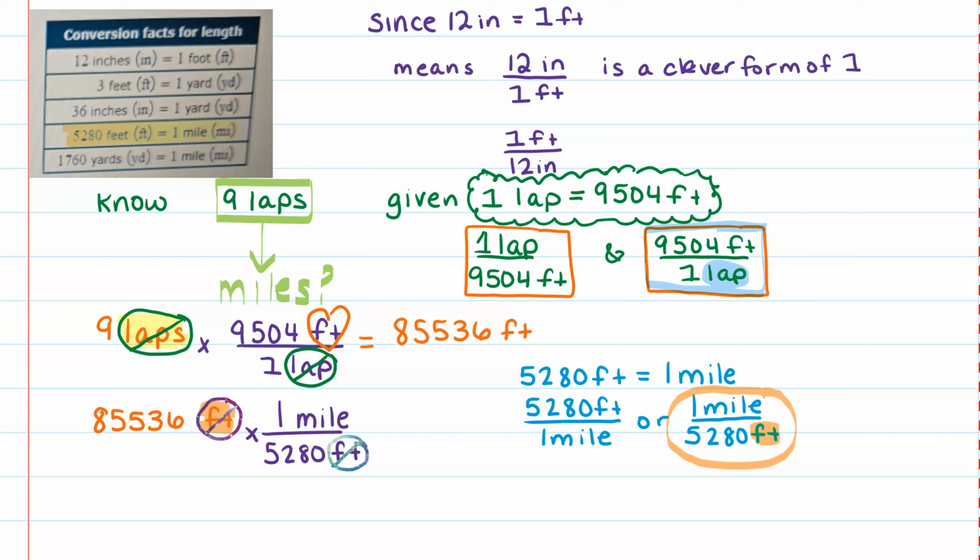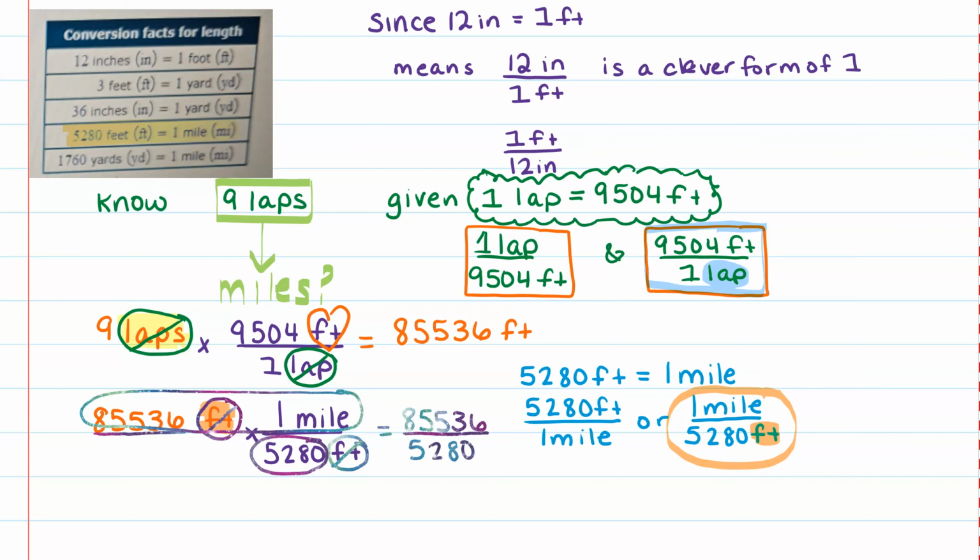And so now I need to do this math. You notice on the last one there was a 1 as my bottom number, so I didn't have to take that into account. Here I've got 85,536 technically on top of a fraction. So I need to multiply these two numbers together, which is just 85,536, and then divide by 5,280.